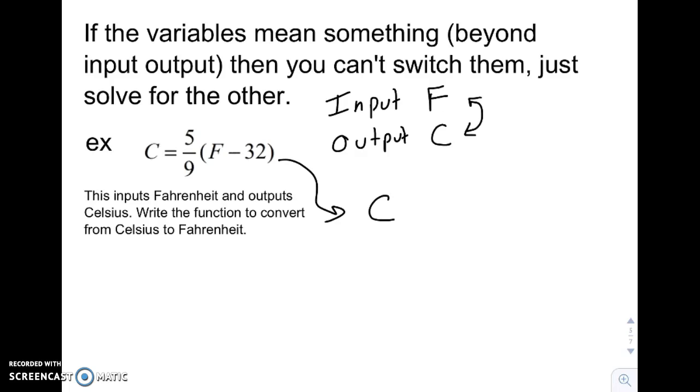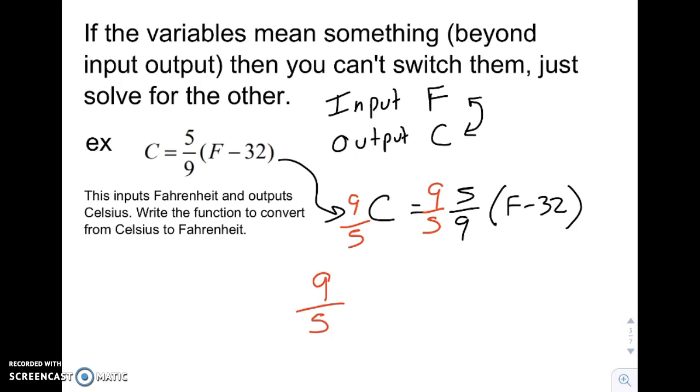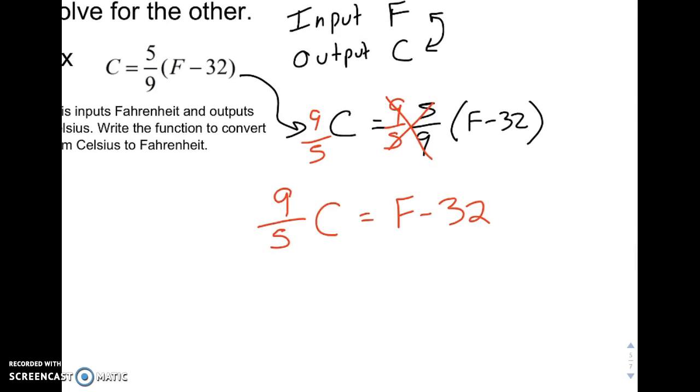So I start with c equals 5/9 times f minus 32. And the very first thing we need to do is multiply by the reciprocal to get rid of this fraction. So I've got 9/5 c is equal to, those things cancel out, f minus 32. And then finally, we just add 32 to both sides.